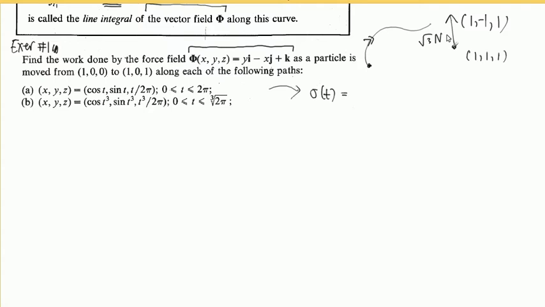Fair enough? If you go to a different position, like 0, 0, 0, what is the vector assigned there? 0, 0, 1. Here the k component is 1, right? So that's the force you're going to feel upward. So what is the magnitude of this force?